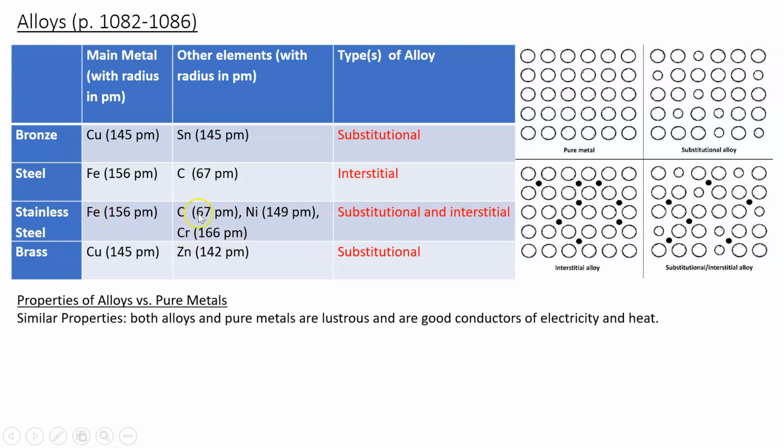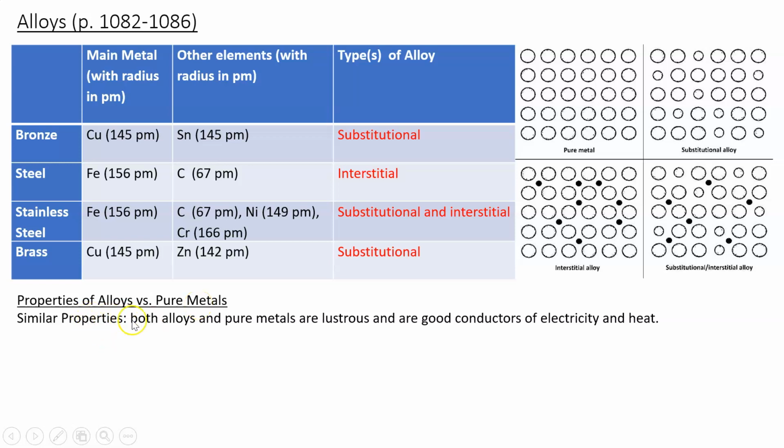Well, Fe and carbon, iron and carbon, that's interstitial. But then the others are pretty close to the same size as iron, so we would call those substitutional. This is substitutional and interstitial. And then finally, 145 and 142, very close to the same atomic radius or ionic radius, so it's a substitutional alloy.